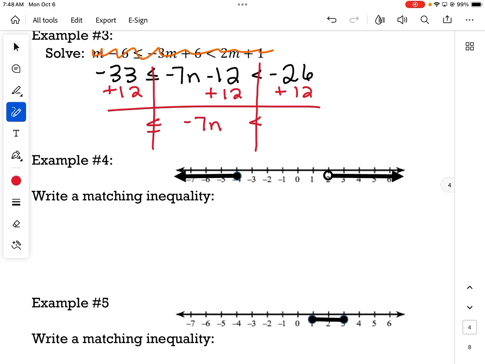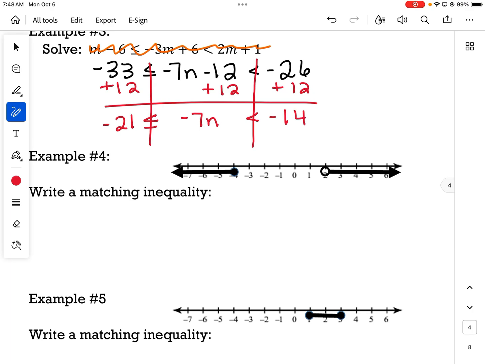-33 plus 12 is -21. And -26 plus 12 is -14. And how do we get n by itself? Divide by -7.